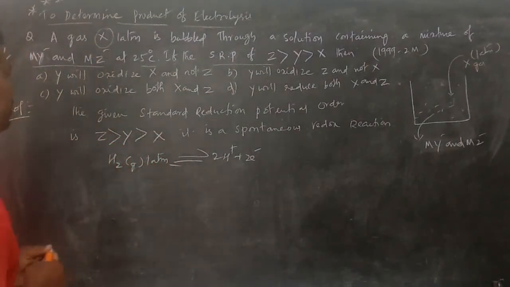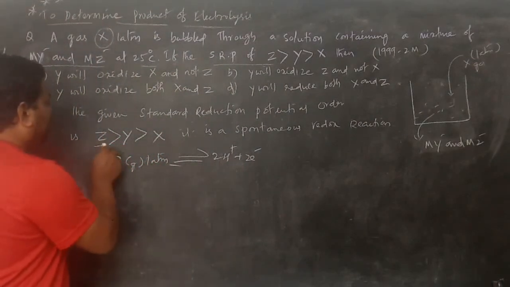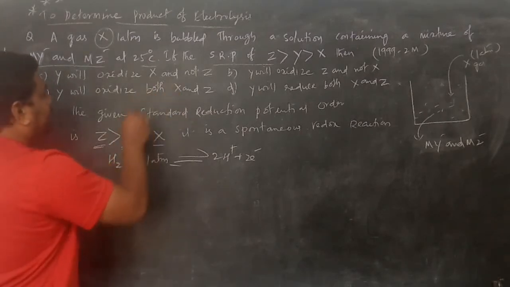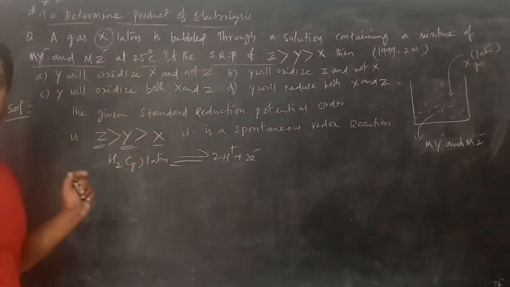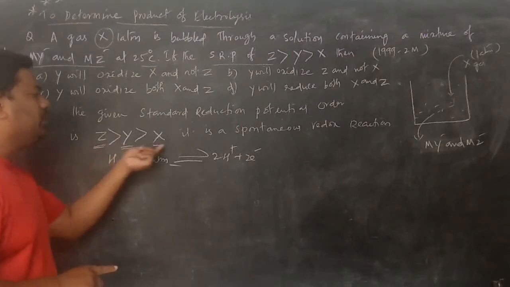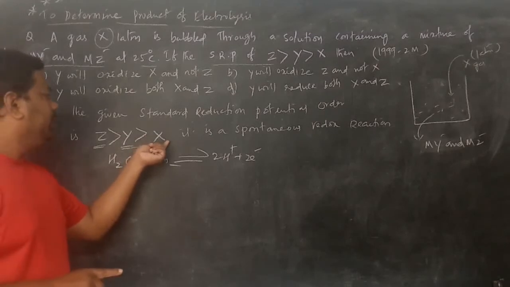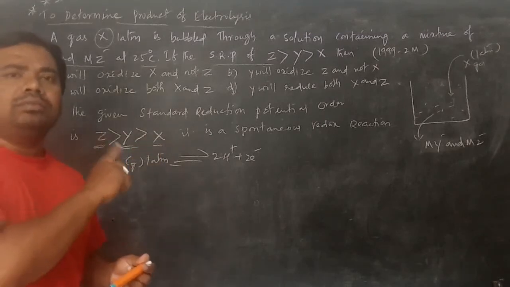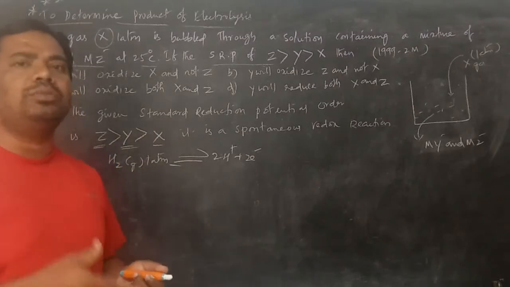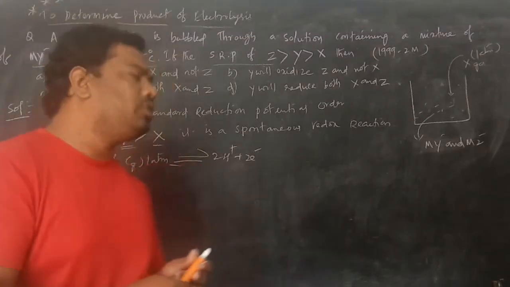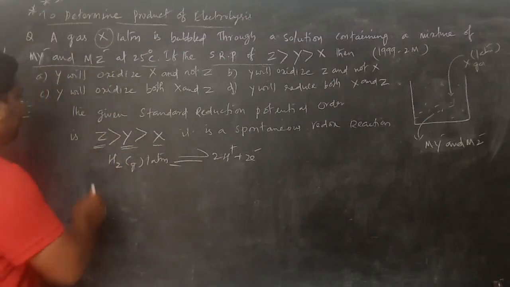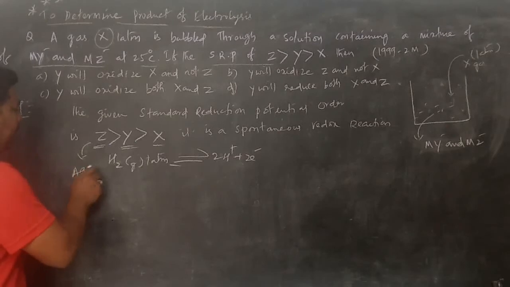He already mentioned that the reduction potential of Z and Y is more than X. The standard reduction potential of Z and Y is more than X. So X is hydrogen gas and the remaining metals you can assume are copper and silver.